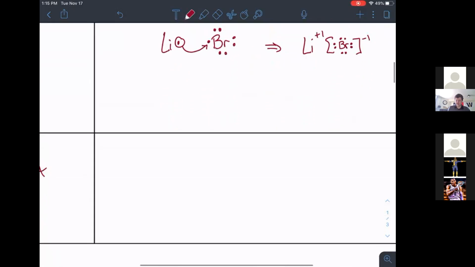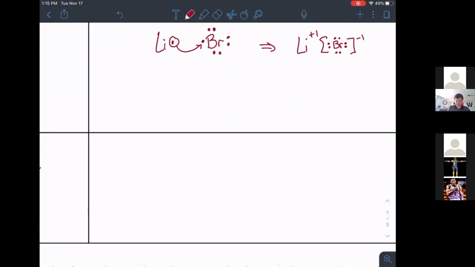Last but not least, we have carbon with 4 fluorines. Carbon has 4 valence electrons. Fluorine has 7 valence electrons. It's a covalent compound, which means we are sharing valence electrons between two elements.